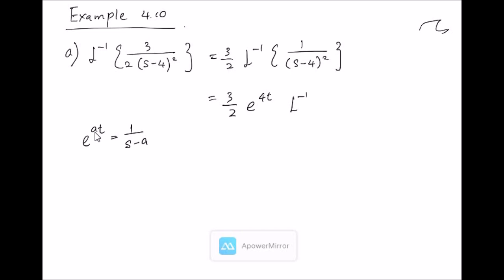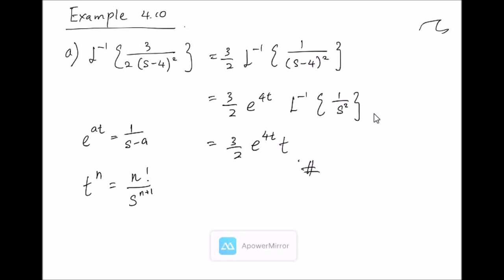And then we keep simplifying, and we have the inverse transform of 1 over s squared. If you refer again to the Laplace transform table, you will get t to the power of n equal to n factorial divided by s to the power of n plus 1. So this is 3 over 2 e to the power of 4t, and the inverse Laplace transform of this part, I will get t only.